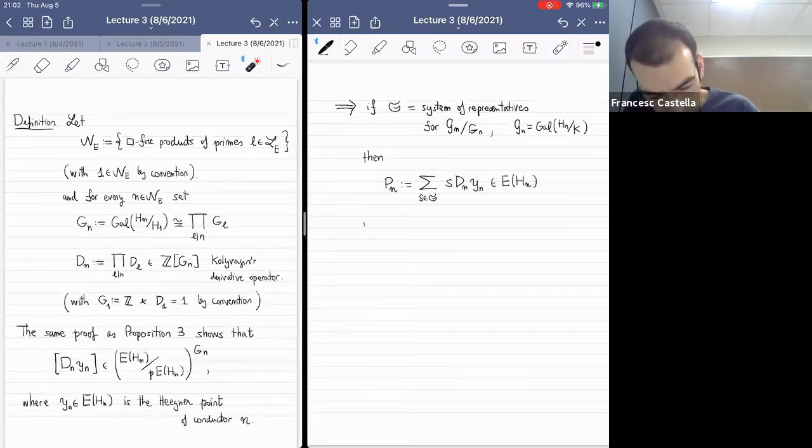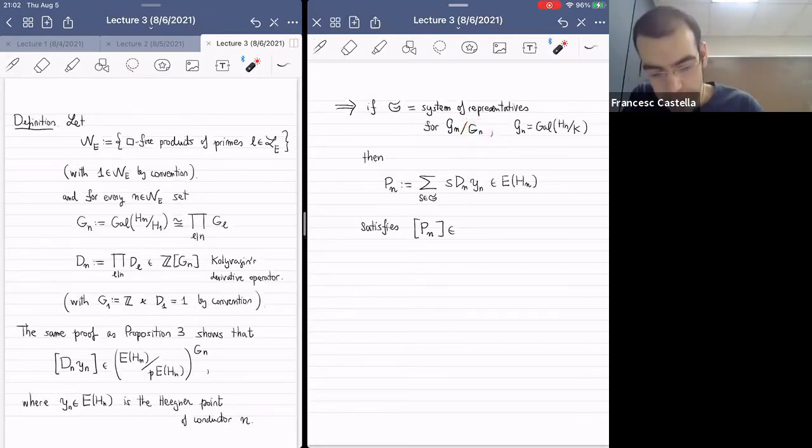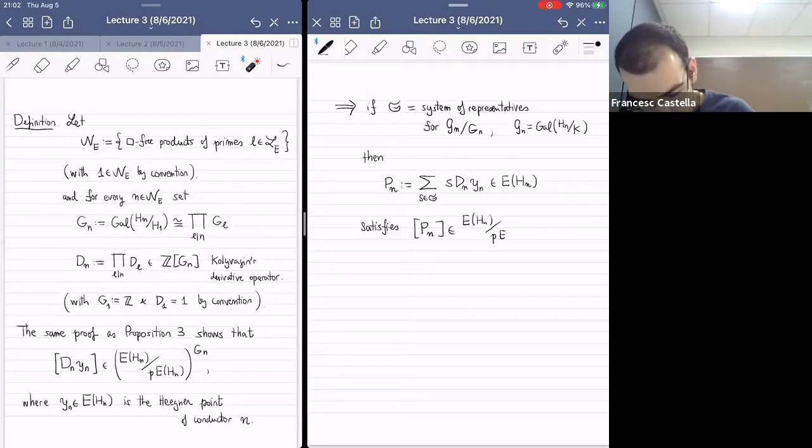Now this will satisfy the Pn bracket, so its class modulo P is now invariant under not only Gn, but after taking this averaging, it will become invariant over the larger group. Okay, so it's in EHN of P fixed by Gn.